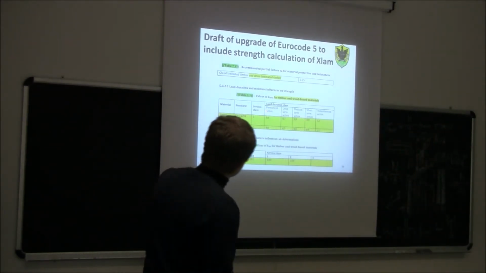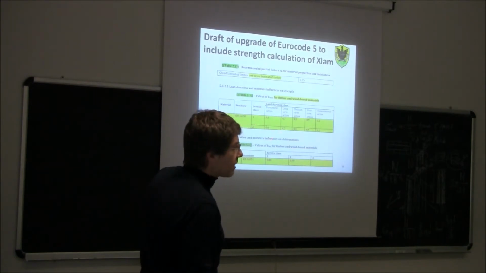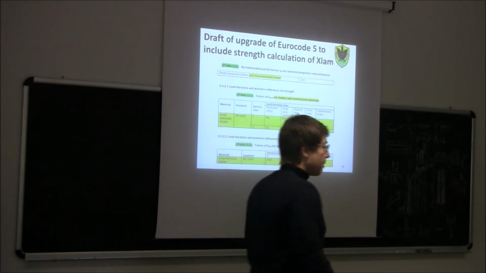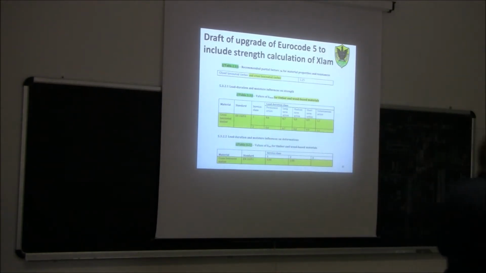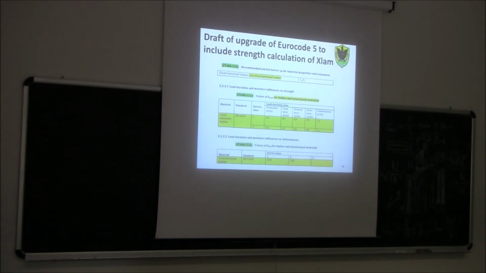Just be aware that there is no service class number 3, only 1 and 2. Why is there no service class number 3? Because the idea is that a cross-laminated panel should never be used in service class 3. So it should never be exposed directly to the rain.